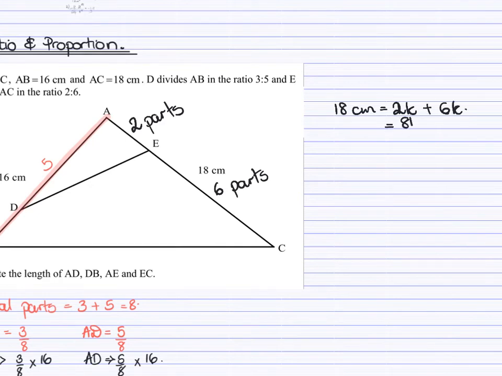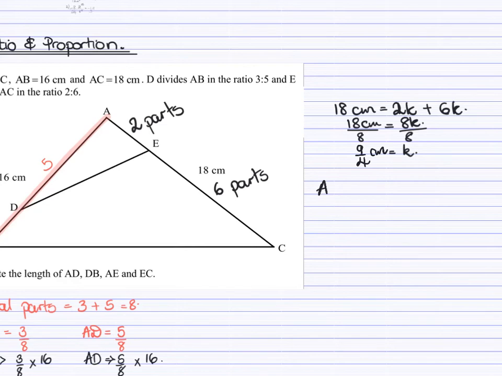So the total parts is 8K, and that is equal to your 18 centimeters. Now you would perform the balancing method, okay, by dividing by 8 both sides to work out what K is. K is equal to 9/4 centimeters.